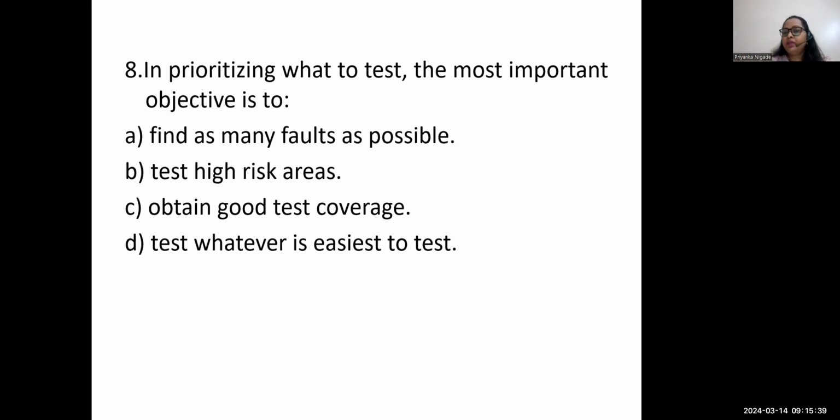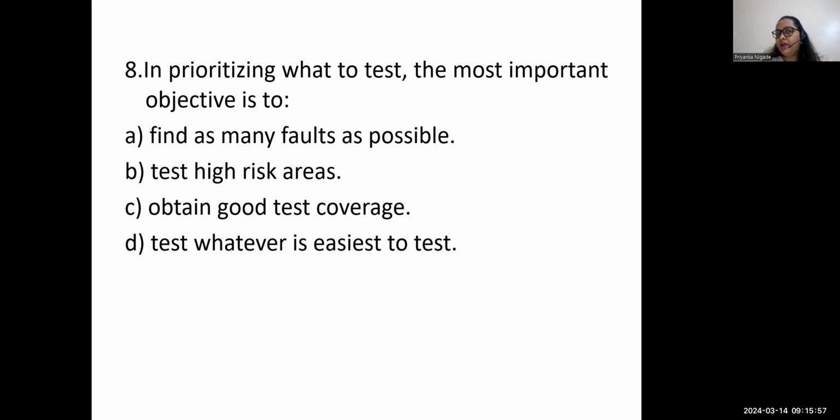Good test coverage, you will be able to obtain whenever you complete that process. But which to complete first? That is nothing but the high risk areas of the software first. It means focus on the critical module first, and then you can continue with the other modules for testing.